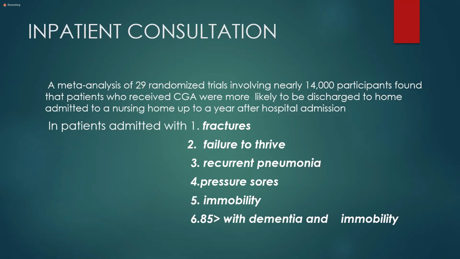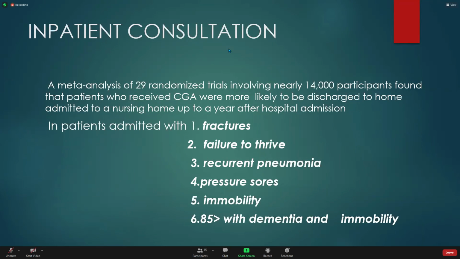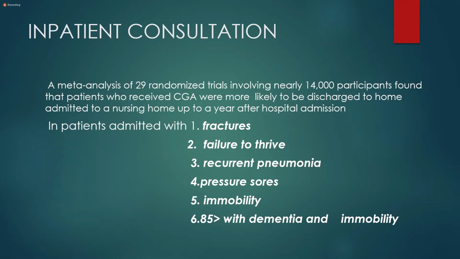Patients with recurrent pneumonia, patients with pressure sores, immobility, and those who are 85 years old and above with dementia and immobility, they will benefit from comprehensive geriatric assessment when they are admitted in the hospital.